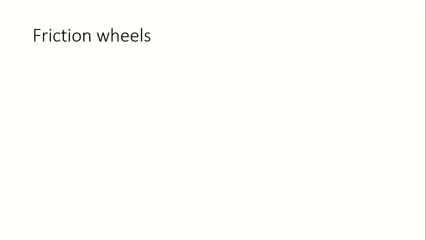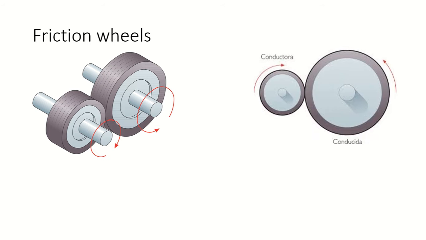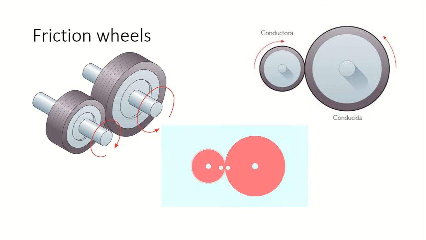Today we are going to start with friction wheels, that are two wheels near each other and they rotate in the opposite direction, sentido contrario. Okay, as you can see here, or here, or here.